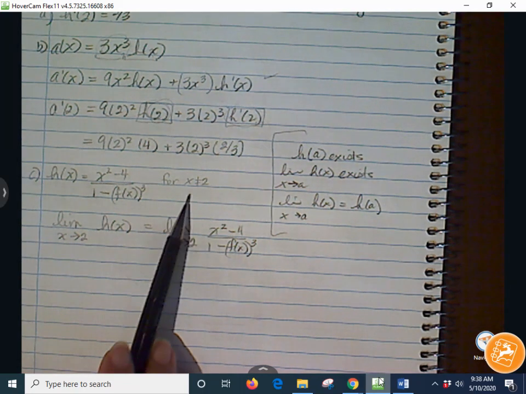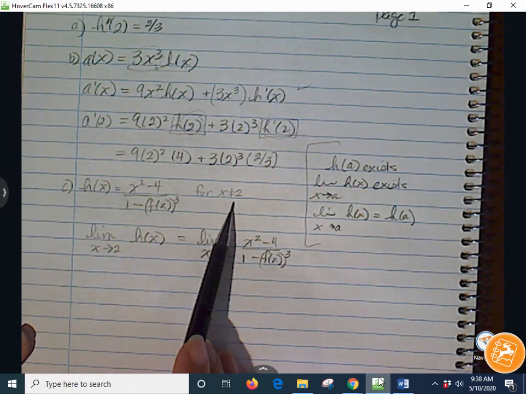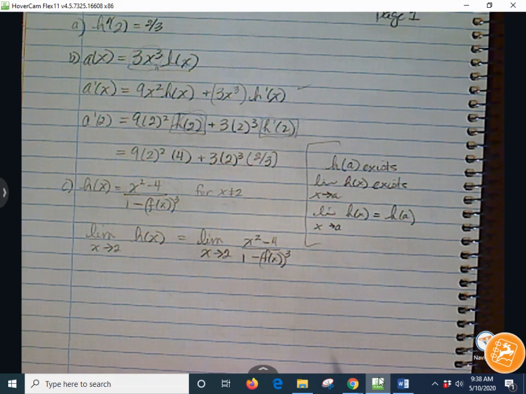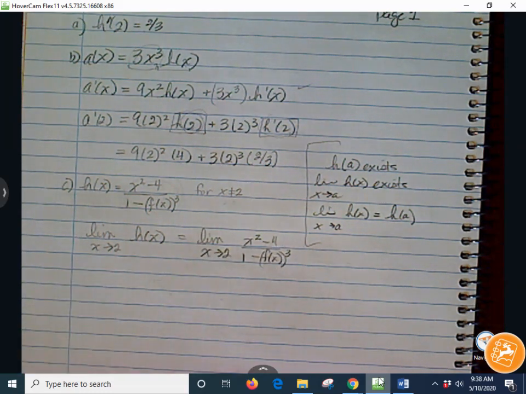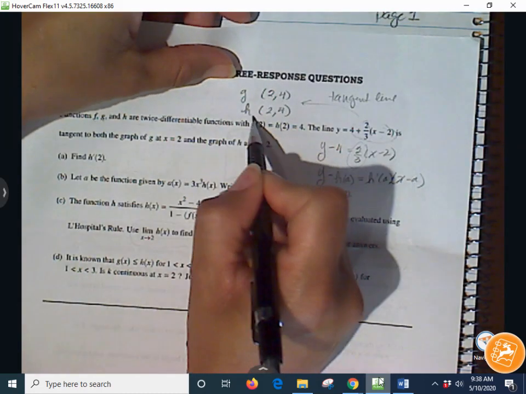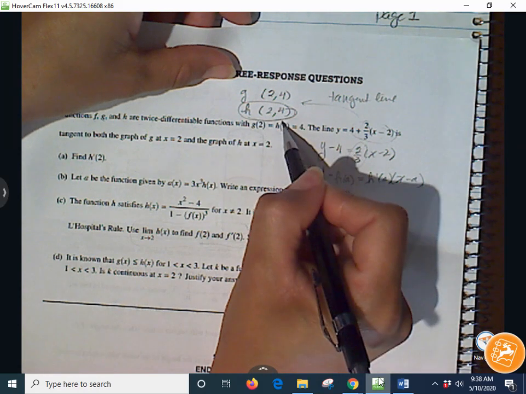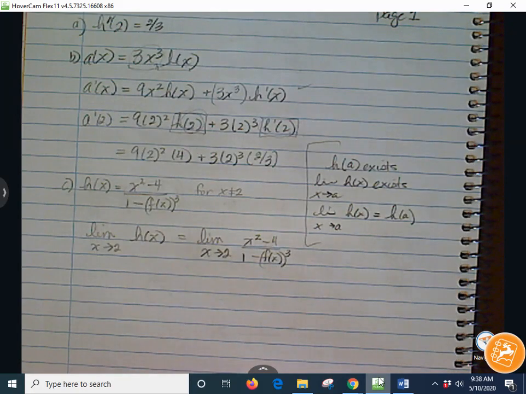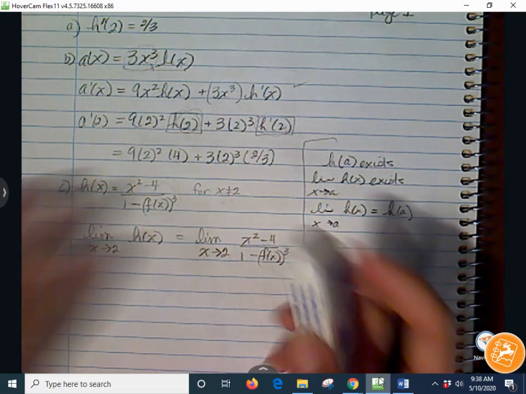Now, even though they said that h of x is this function for x not equal to 2, that doesn't necessarily mean it's not continuous at 2. It could have a hole at 2, but then that hole could be replaced with this point that they gave us right here. We can fill that hole in with that point, and then all of a sudden it becomes continuous.